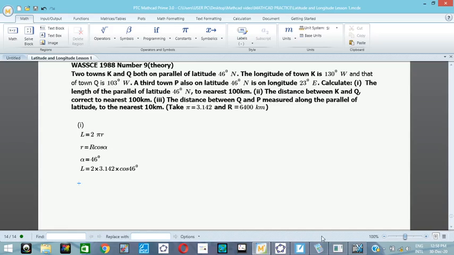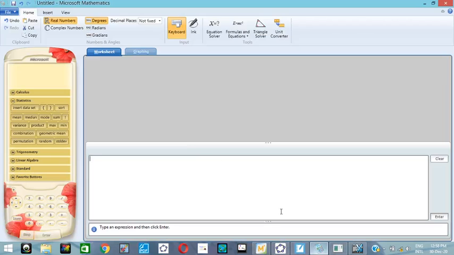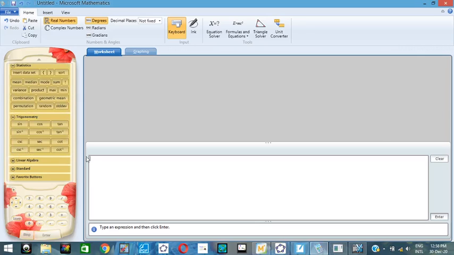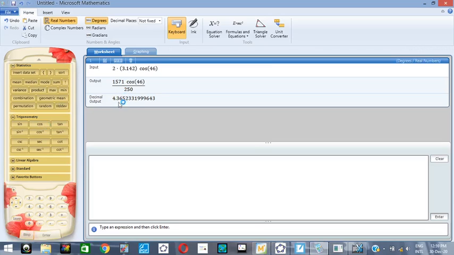Let me use my calculator here and complete that. So I get 2 times 3.142 times cos 46 degrees. So that is equals to what? You can see it there.